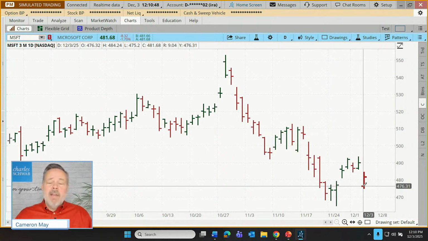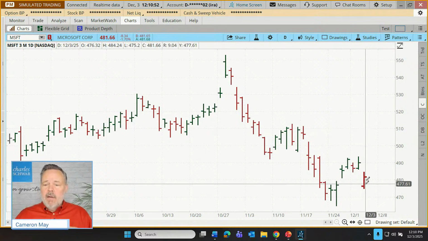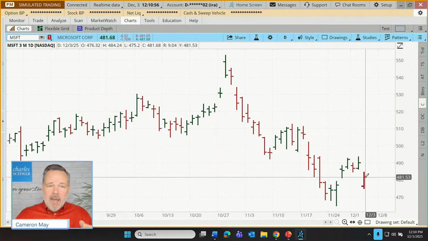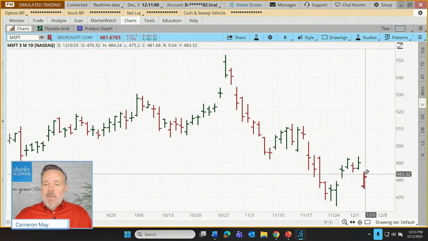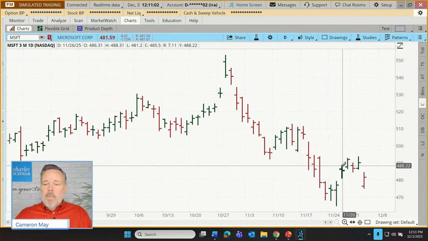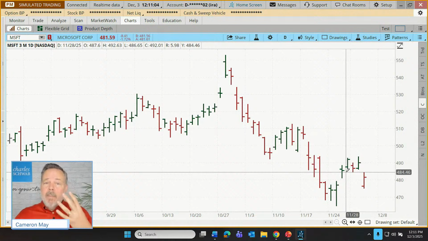The opening price of today was 476.32 right here. And the current price, if we were to close right now, we'd be at 481.68. So that's what each of these bars tell us. Open, high, low, and close. 4 bits of data for each day or each period instead of just one, which is typical of the line and the area charts.